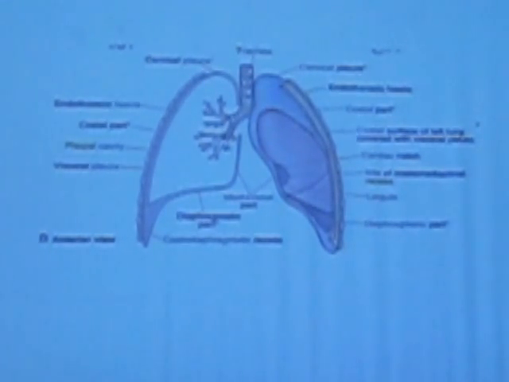Gastroesophageal junction: the portal systemic anastomosis is found there. Is it right? Of course. Posterior abdominal wall: again, this is true. This is the anastomosis found in the posterior abdominal wall.